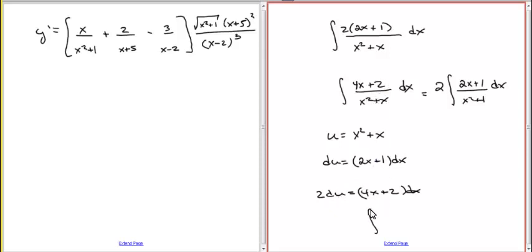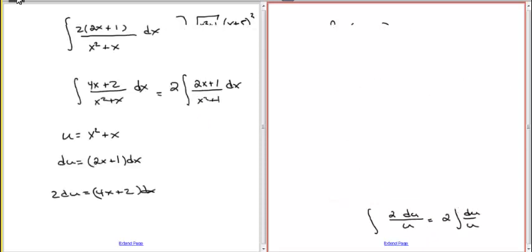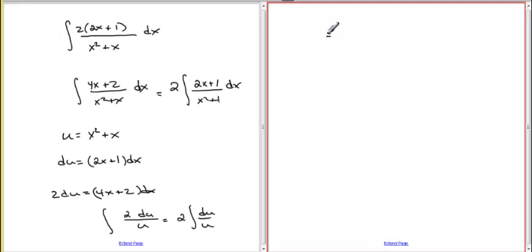So I would get 2 du divided by u. I could factor out the 2, and then I have this in a form where I can just use the natural log. So it'd be 2 times the natural log of the absolute value of u, plus c.